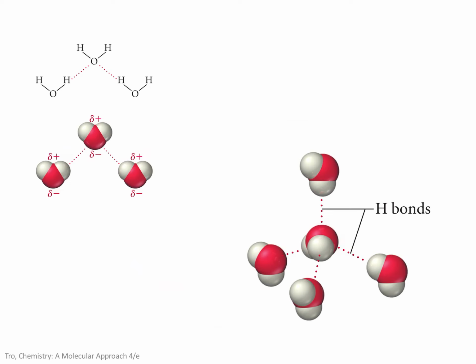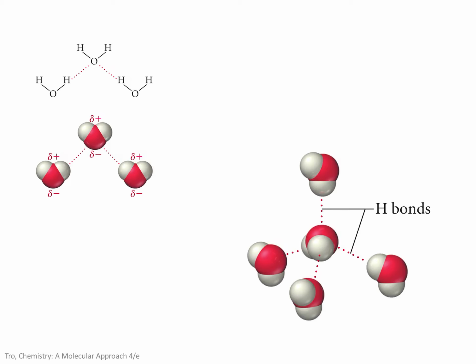So hydrogen bonds should not be confused with chemical bonds. Chemical bonds occur between individual atoms within a molecule. But hydrogen bonds, like dispersion and dipole-dipole, are intermolecular forces between molecules. A typical hydrogen bond is only 2 to 5% as strong as a typical covalent bond.